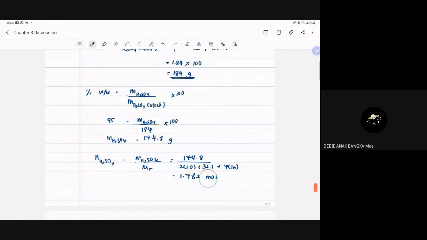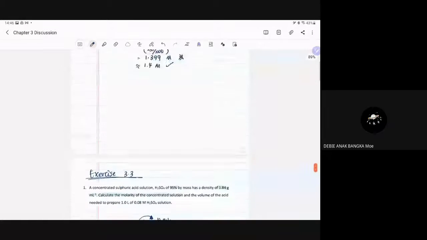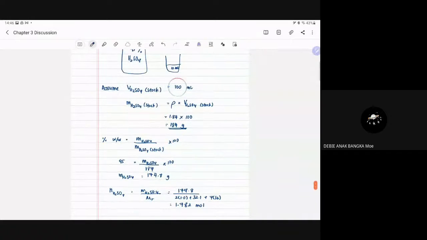Dan apabila kita dah dapat number of mole dia, bermaksud untuk 100 ml solution stock itu, berat dia adalah 184, sorry, jisim dia adalah 184. Kemudian, dalam 184 gram itu, jisim H2SO4 iaitu solute adalah 174. Dan dalam 174 itu, bilangan mol dia adalah yang ini. Dan ini semua dalam volume yang 100 ml itu.